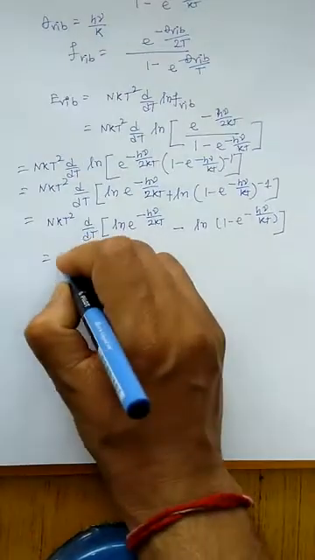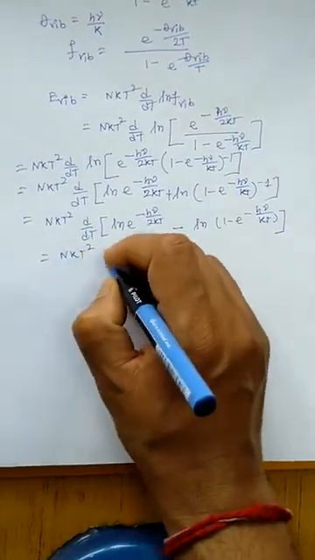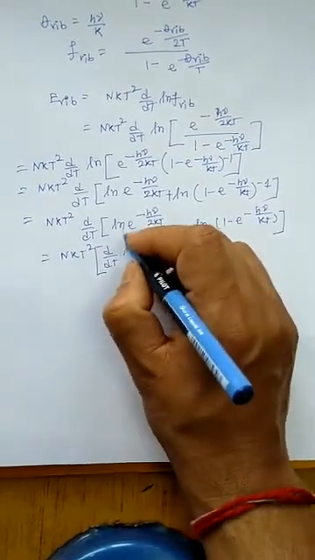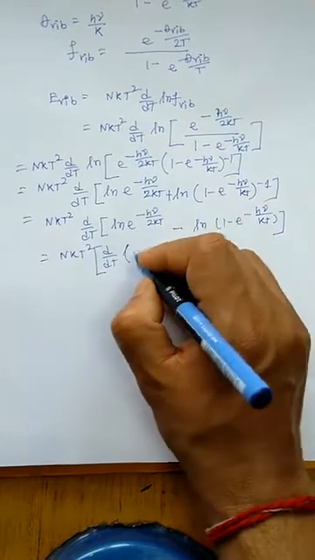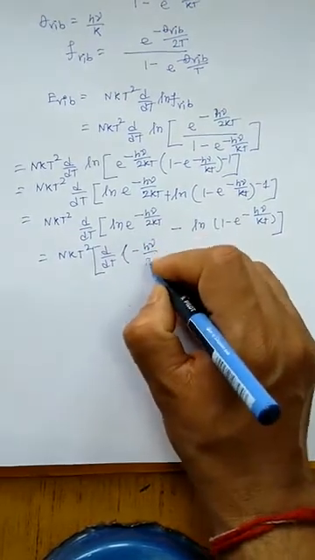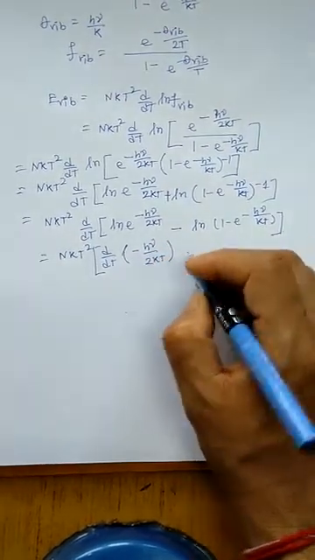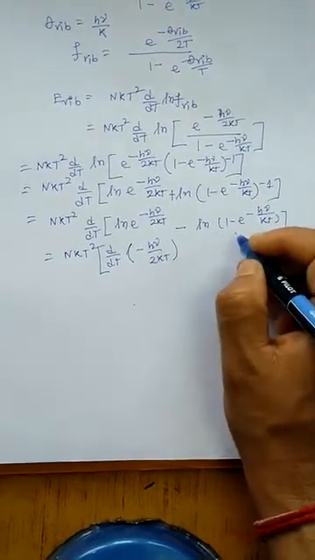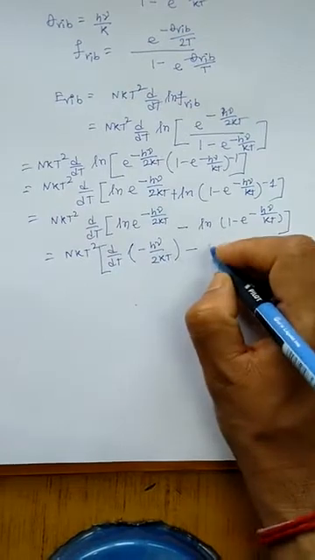Okay, now I stepwise operate this derivative function. So d/dT of ln e means it becomes basically only the function remaining, because ln e is 1. But this function is not exactly ln e, so we have to operate this function stepwise.